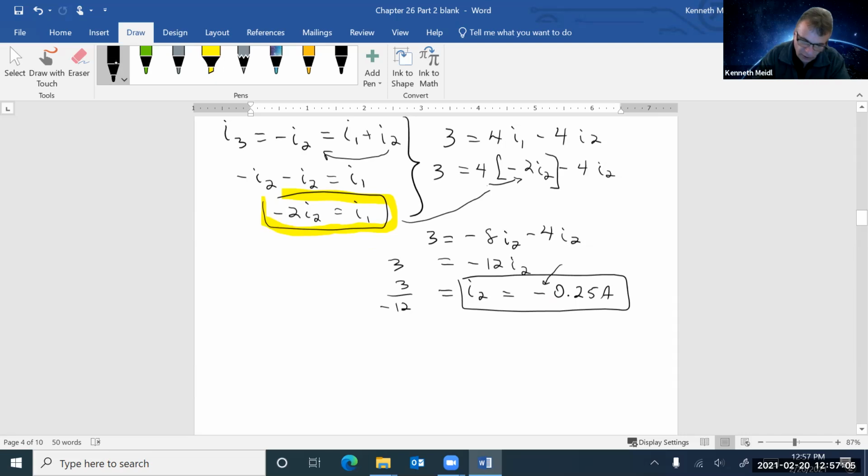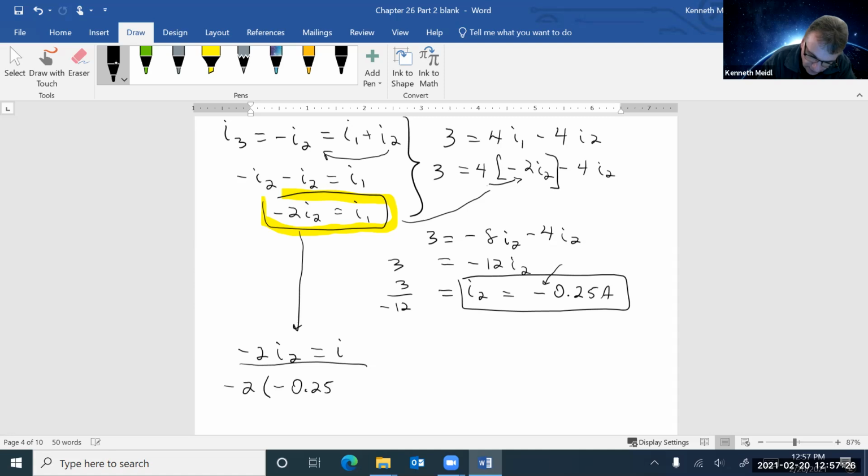And then, you still need to keep doing some algebra. Now that I've got a value for I2, maybe I'll come to this equation here, minus 2 I2 equals I1. And I2, we can put in a value here of 0.25 amps with that sign.